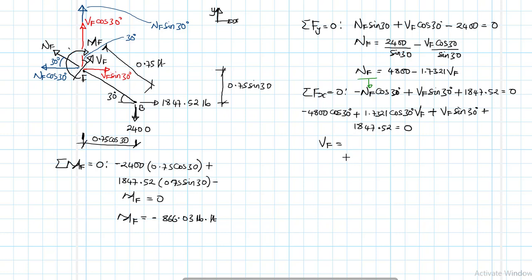So what we have is VF is equal to 1154.68 pounds. Now, can I get back to this?